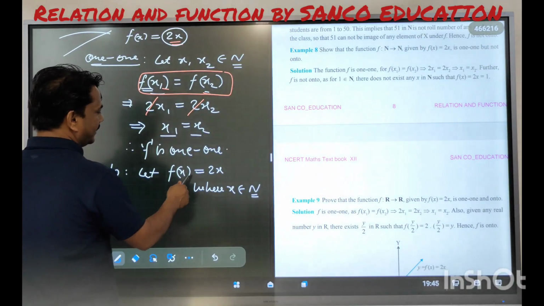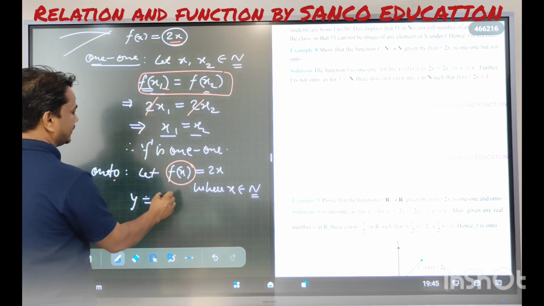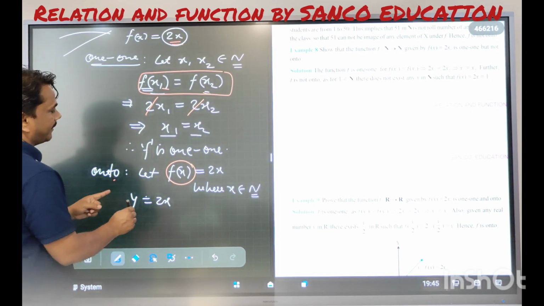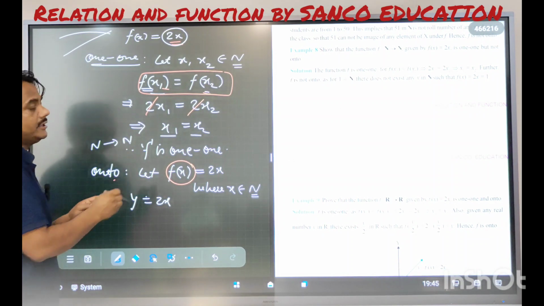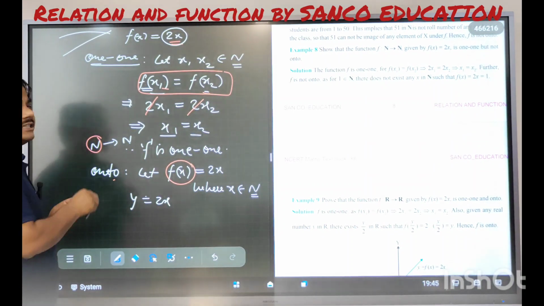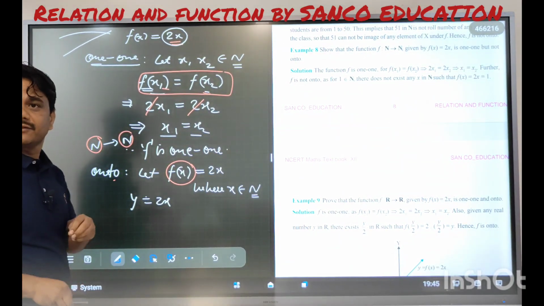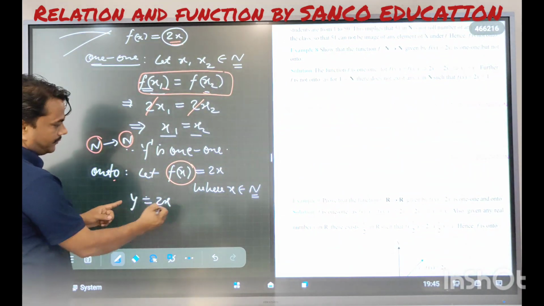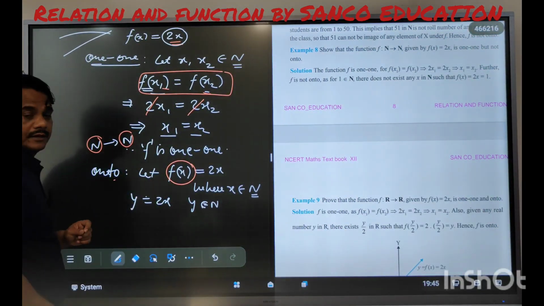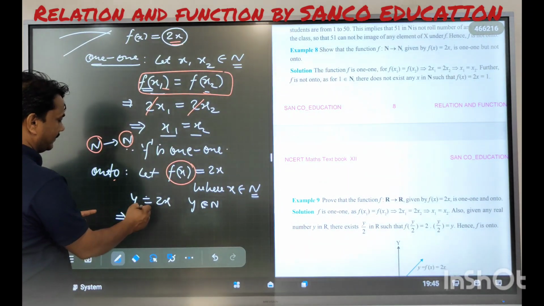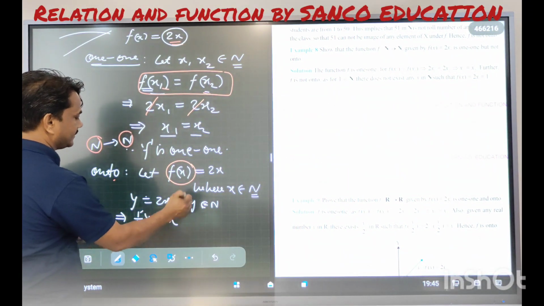So obviously here we will suppose a single variable, y. y is actually 2x. So we are giving the function from N to N. It means the domain you will take from the natural set and the image you will take from the natural set. Here y is also natural. Got it or not? So what does that imply? Here 1 by 2 will be transferred, so x is equal to y by 2.